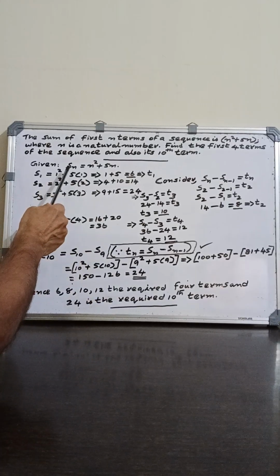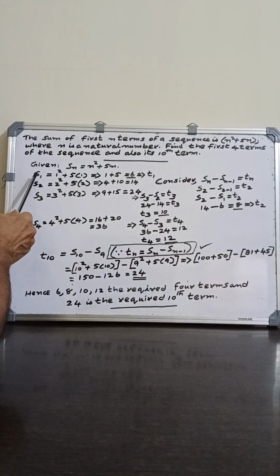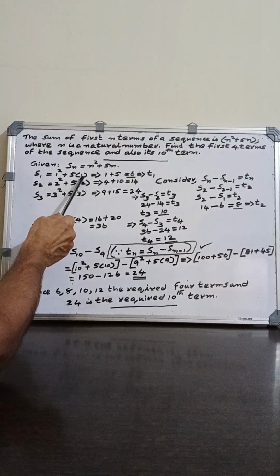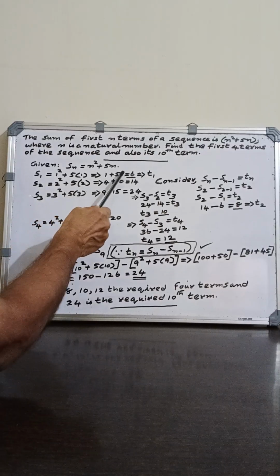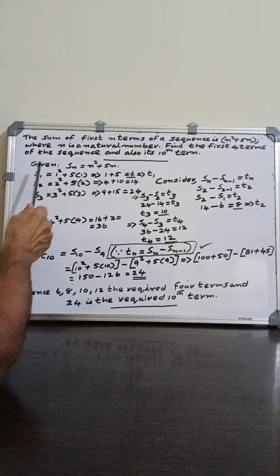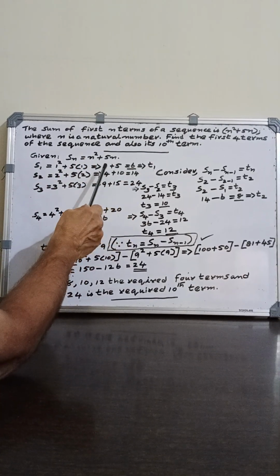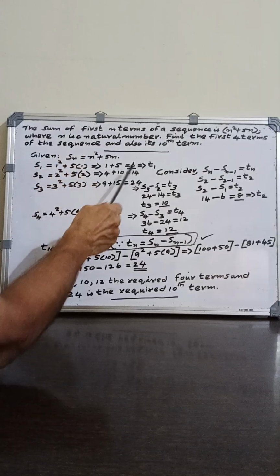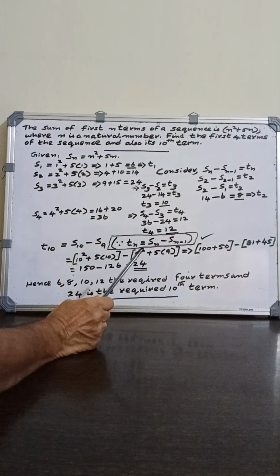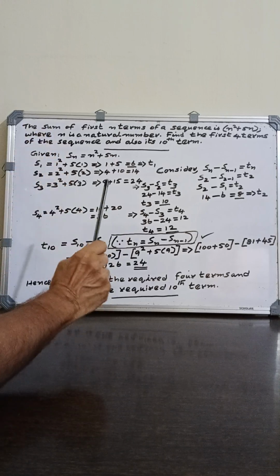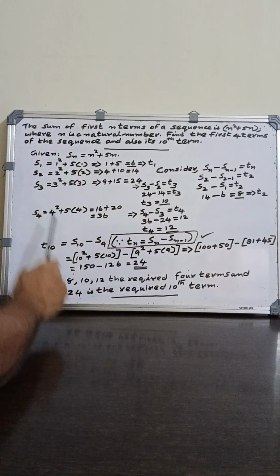From this we can conclude S1 equals 1 squared plus 5 into 1. That is 1 plus 5, 6. That is, sum of first one term equals 6. That is T1 equals 6. Sum of first one term means first term is 6.